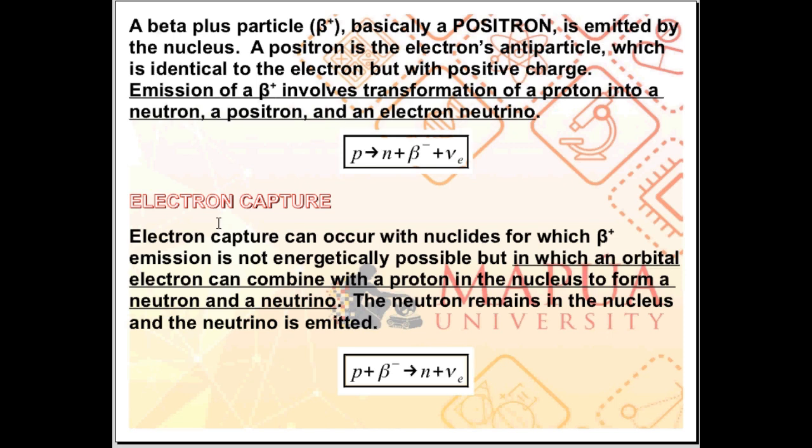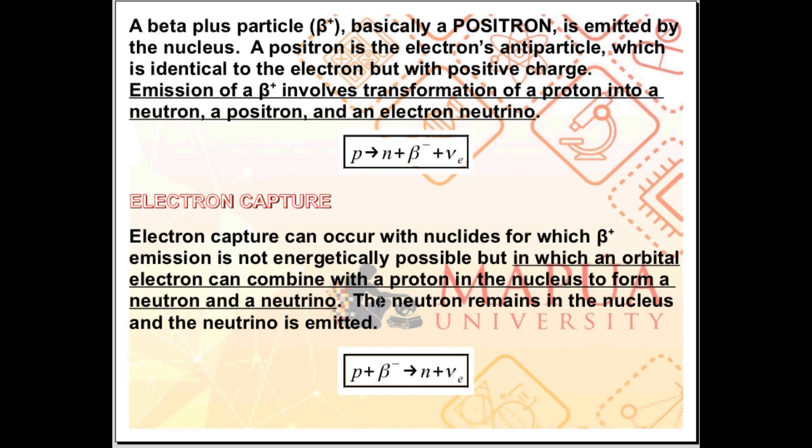Lastly, we have the electron capture. Electron capture can occur with nuclides for which beta plus emission is not energetically possible, but in which an orbital electron can combine with the proton in the nucleus to form a neutron and a neutrino. The neutron remains in the nucleus and the neutrino is emitted.